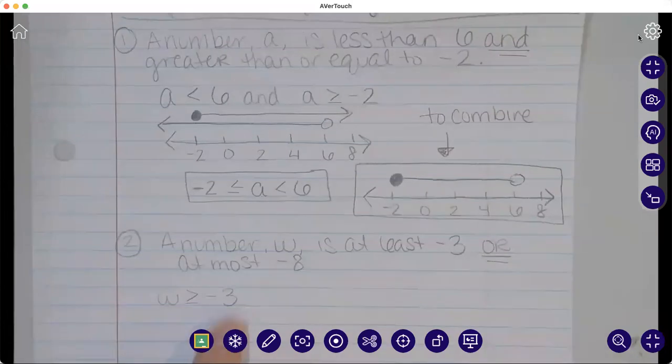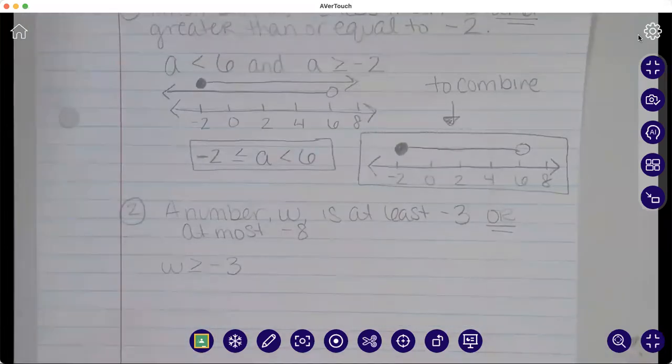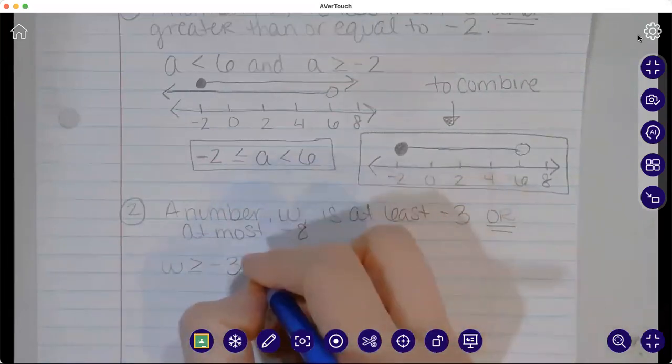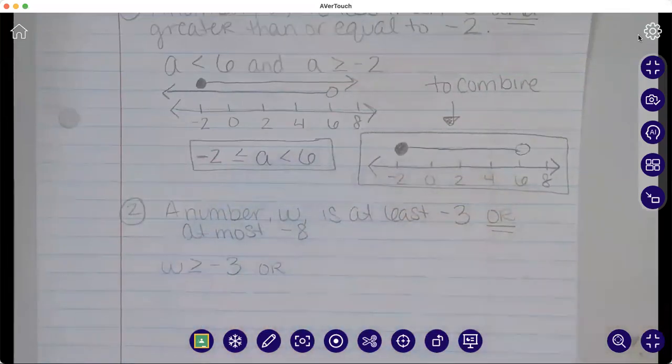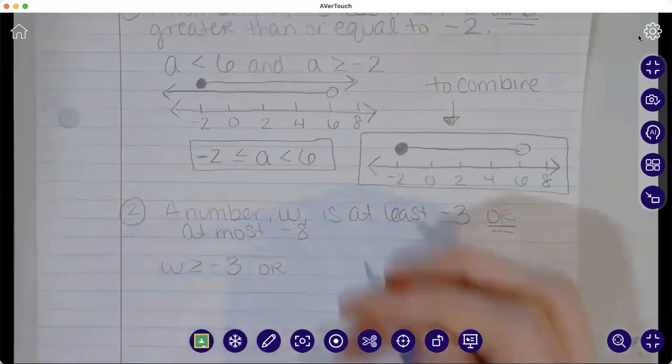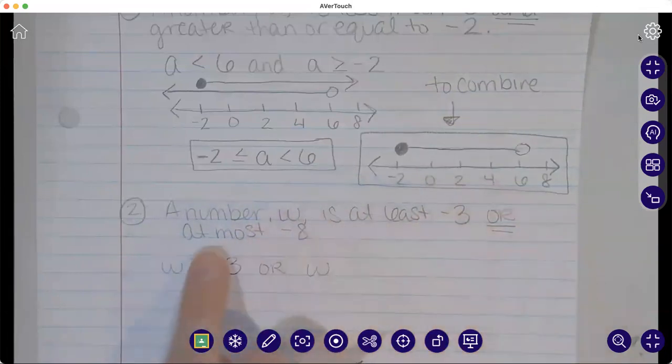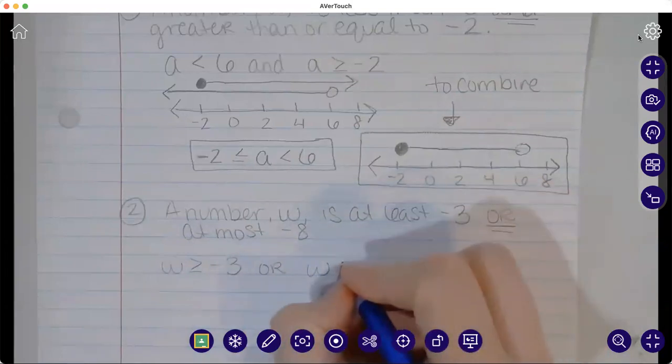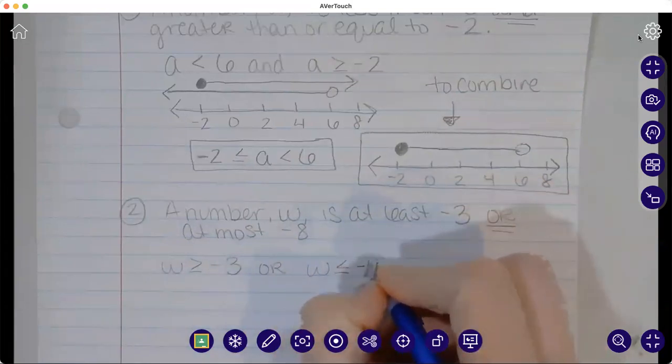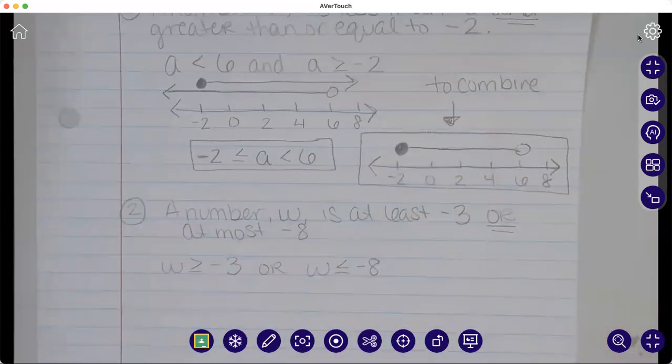So at least, you have to be at least this tall, so you can be taller, right? So this would be an option. Or, this one's an or statement, we'll talk about that in a second. Or W is at most -8. At most, meaning less than or equal to -8.